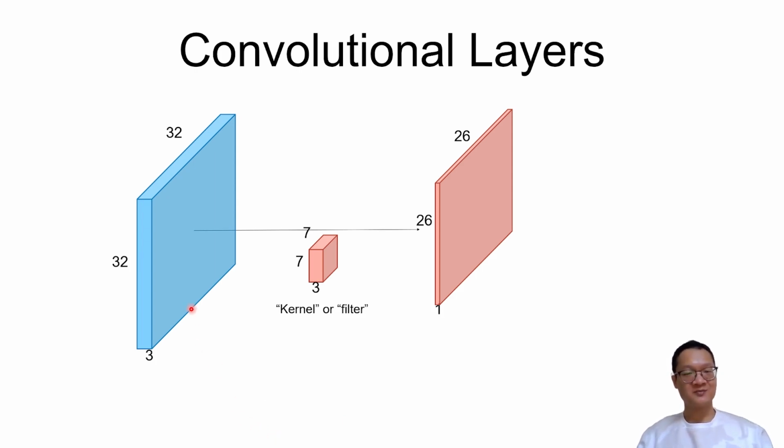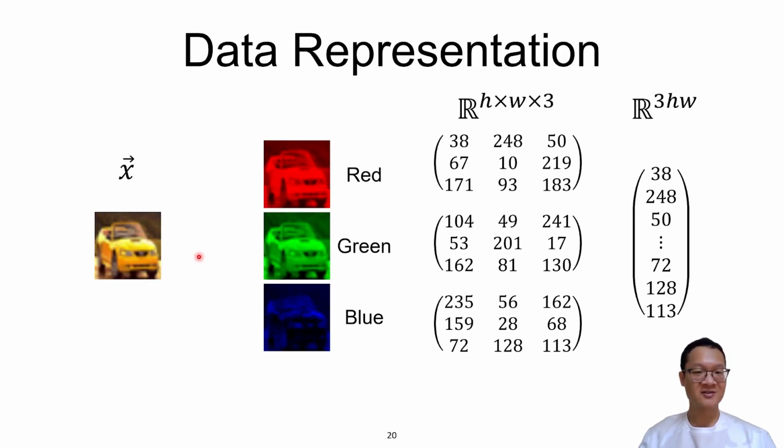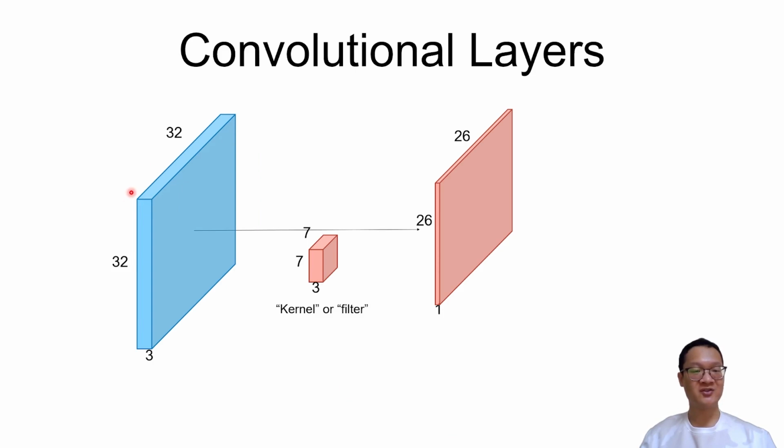So let's begin talking about convolutional layers. So remember that our colored image is going to have some shape of height times width times 3, where the 3 represents the RGB color channels. So for example, if we have a 32 by 32 colored image, the input would be 32 by 32 by 3.